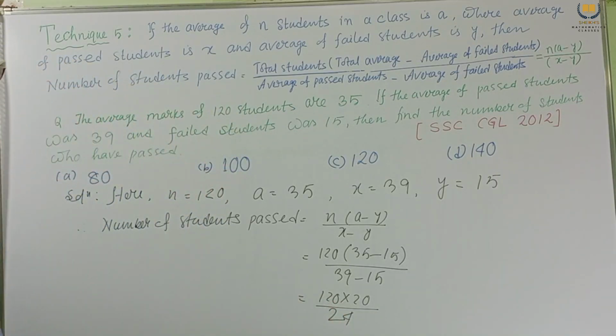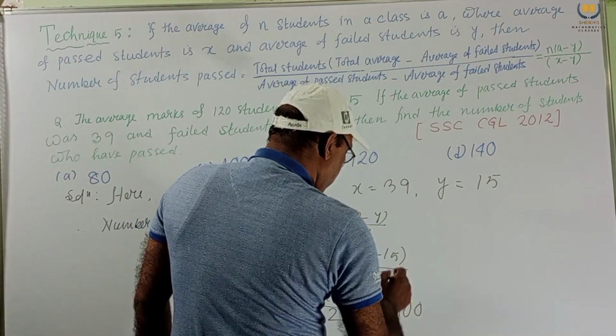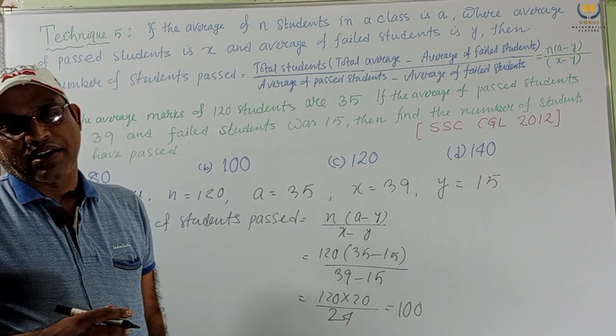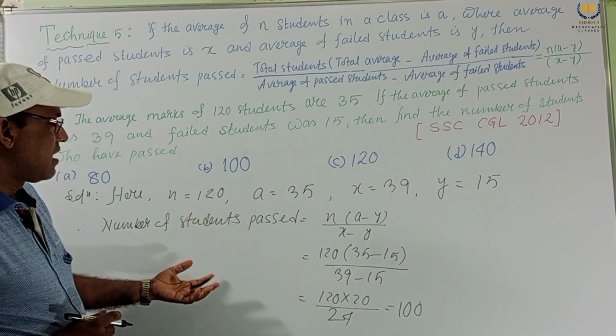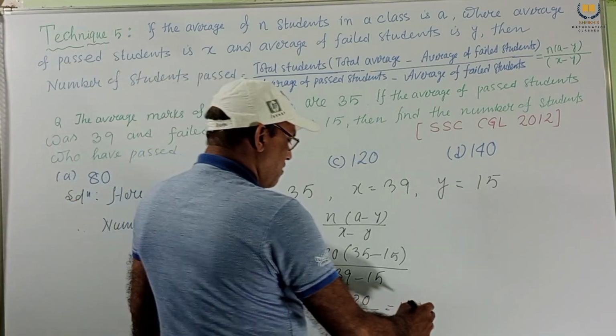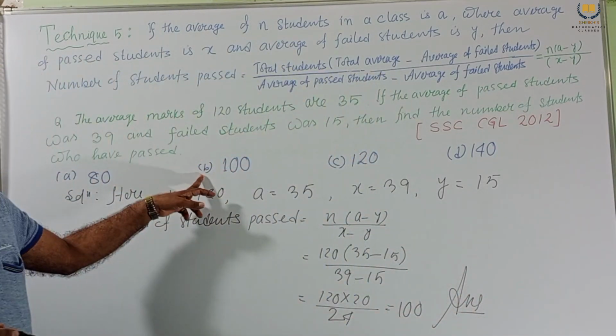We get this, and if we cancel, we get 100. So the answer we get is 100 students. The number of students who have passed is 100. This is our final answer. So option B is the correct option.